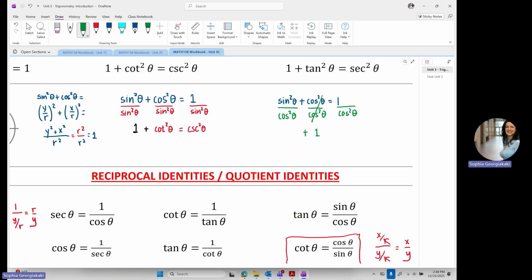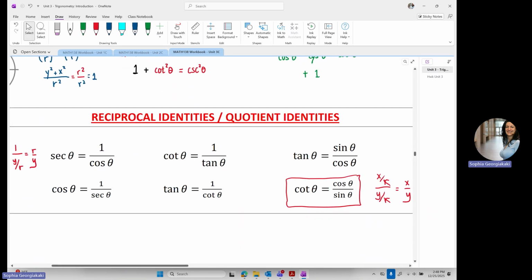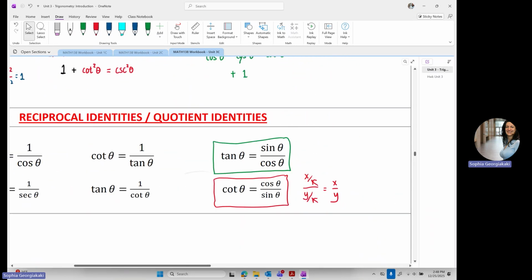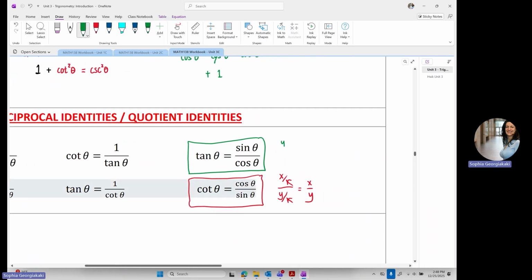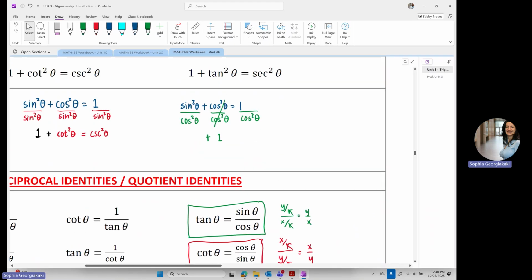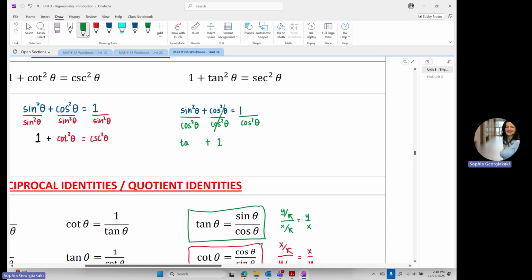The sine squared over the cosine squared is actually the tangent squared. Why? The tangent is equal to sine over cosine. Y over r divided by x over r is y divided by x when the r's are simplified, which is the definition of the tangent. So this is the tangent squared of theta.